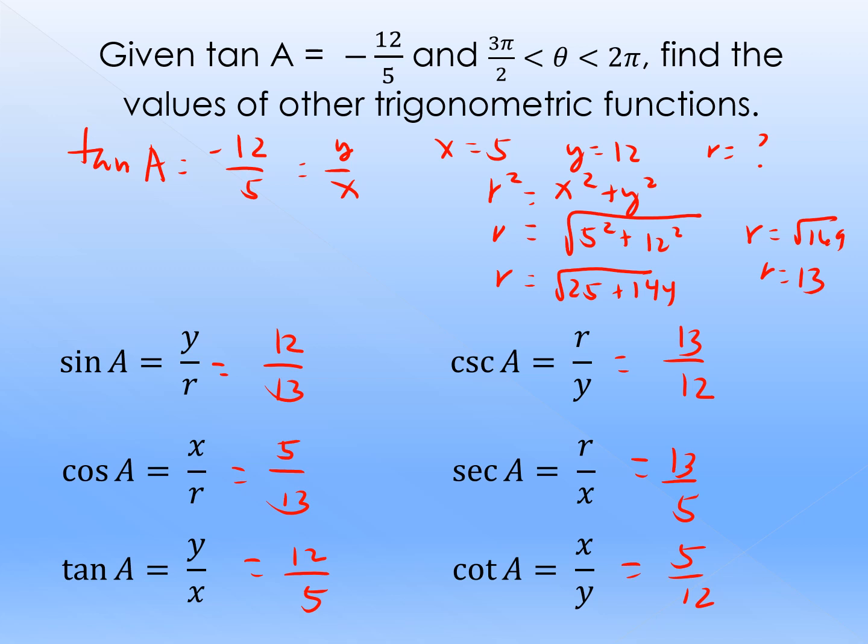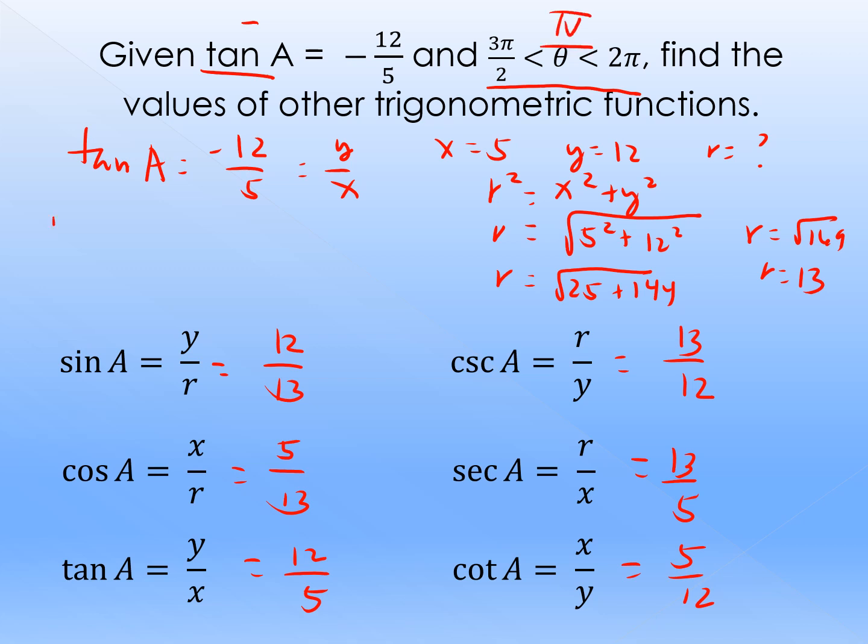After substituting all the given values, the next step is knowing where the theta falls. Tangent A is negative. And as we can see, the condition is this one. The theta is in between 3 pi over 2 and 2 pi. Since it is in between 3 pi over 2 and 2 pi, like what we discussed, theta falls in quadrant 4.